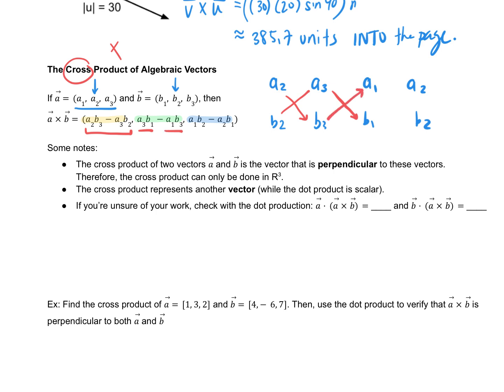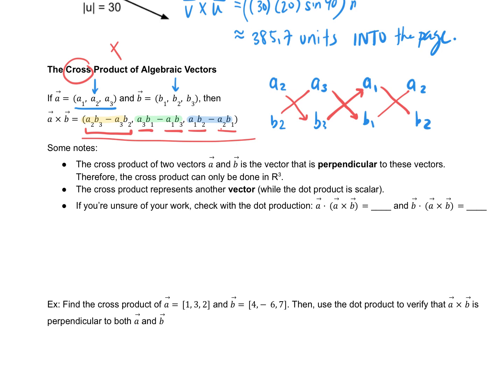Then a1 times b2, here it is, minus a2 times b1. Perfect. So there's a nice little visual to help you set up your cross product and not have to memorize this formula. If you set it up nicely, your cross product is there right in front of you.